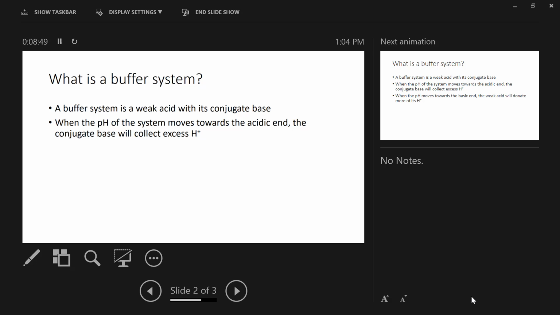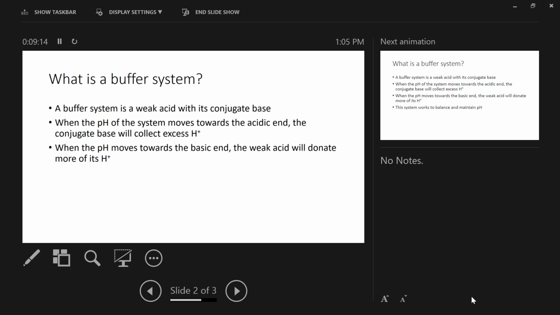When the pH of the system moves towards the acidic end, the conjugate base is going to collect some of that excess hydrogen. When the pH moves towards the basic end, the weak acid is going to donate more of its hydrogen ions. So if the pH moves towards the basic end, that is, the pH starts to increase, more of the acid is going to donate its hydrogen ions.